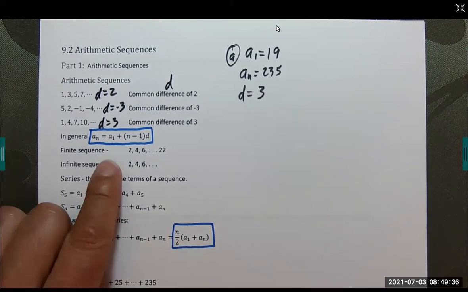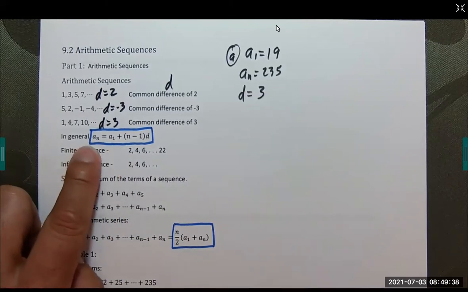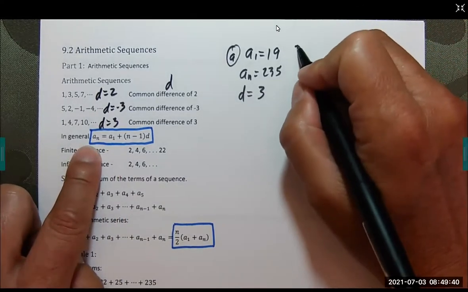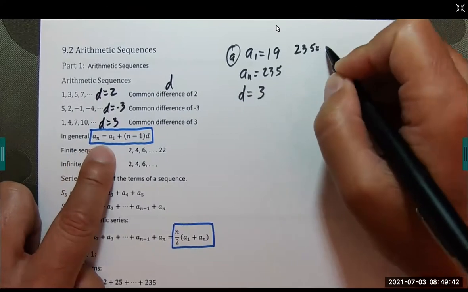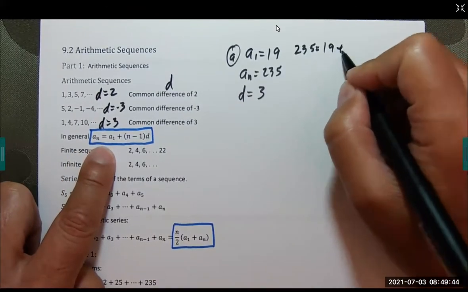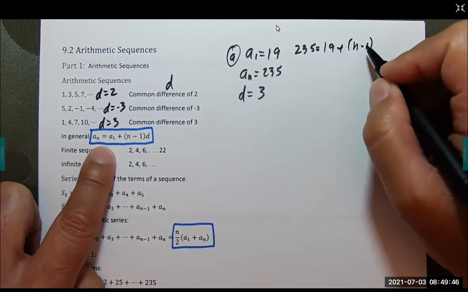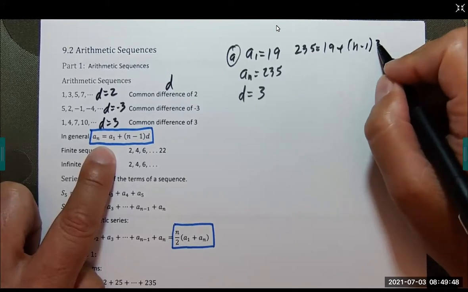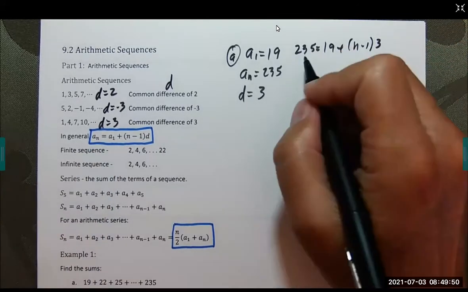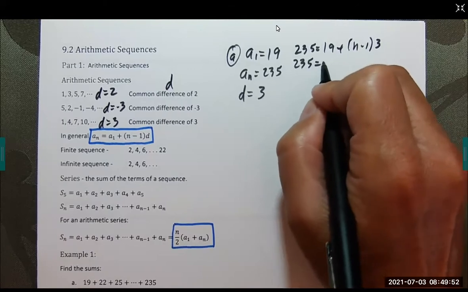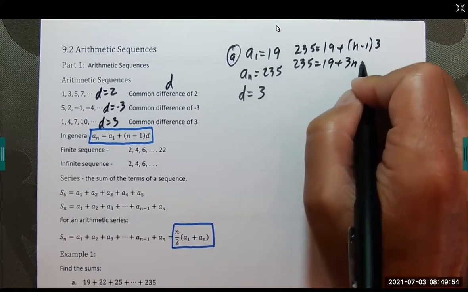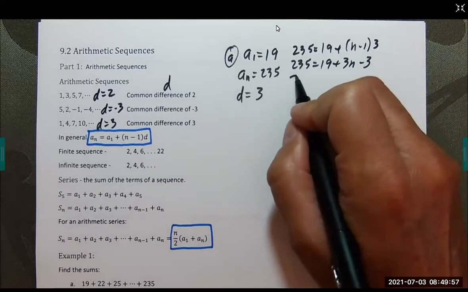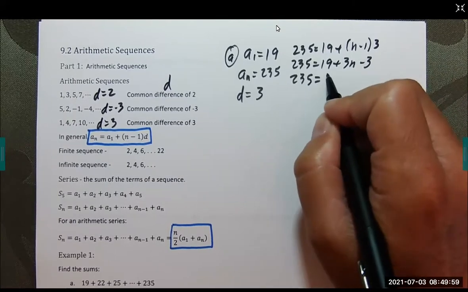So I'm going to use this formula to get that. So I know my last term is 235. My first term is 19. And D in this case is 3. So now I'm going to distribute the 3. Combine my like terms.